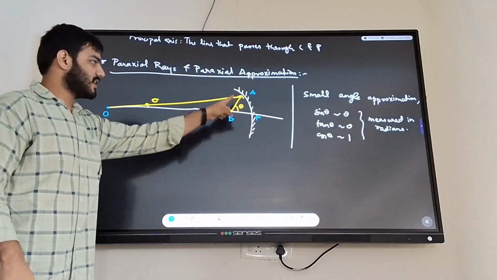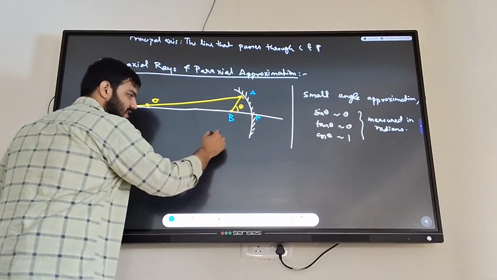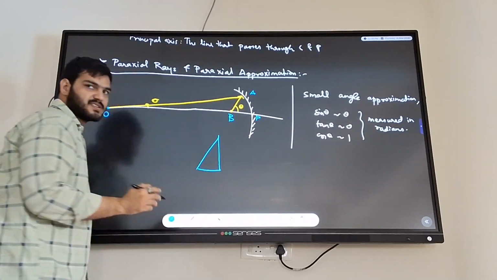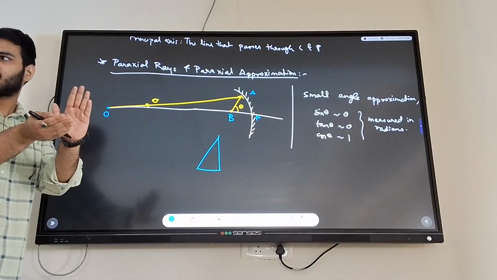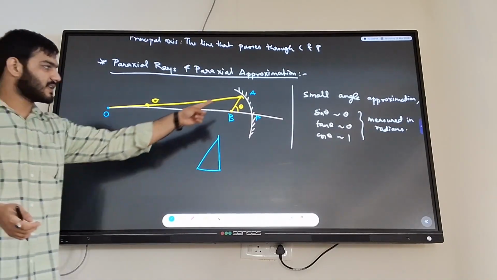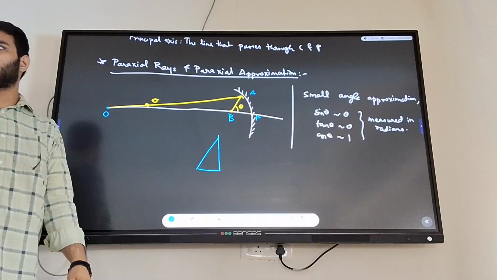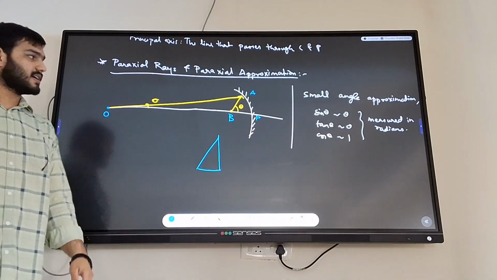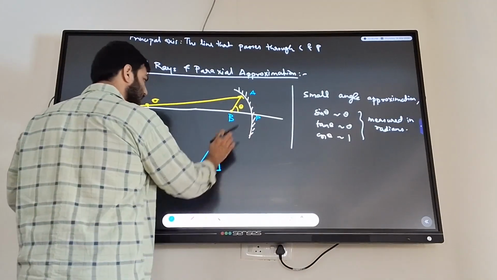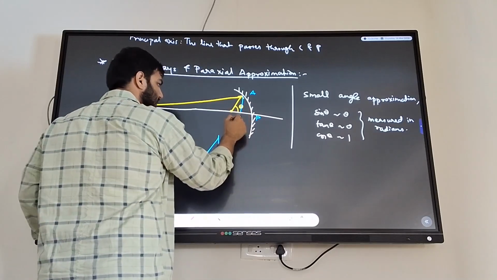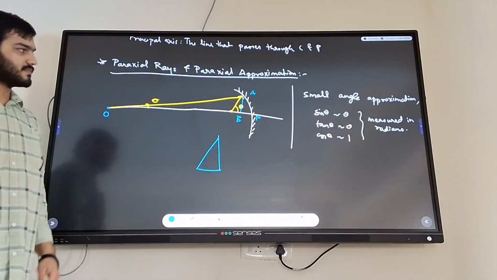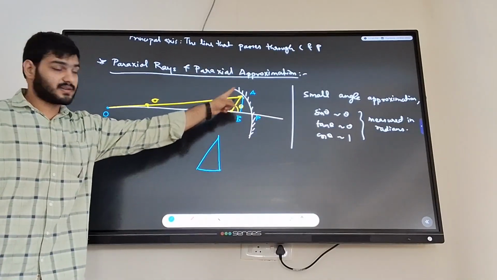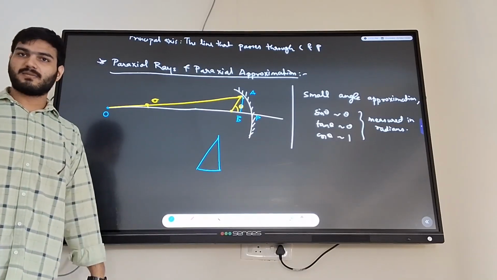This AB distance, if I consider, this AB and this AP will approximately overlap for me. So I can make the approximation that AB is approximately equal to AP. Do you understand? Rather, this perpendicular, that perpendicular and that are approximately the same.